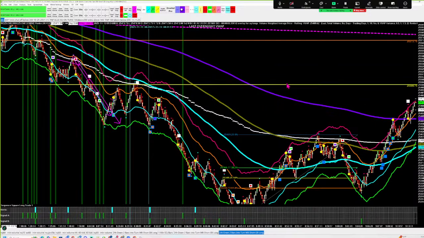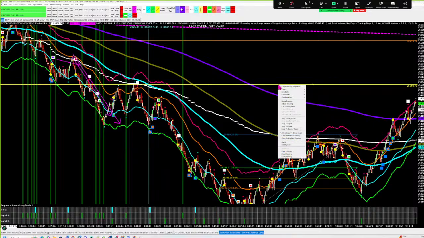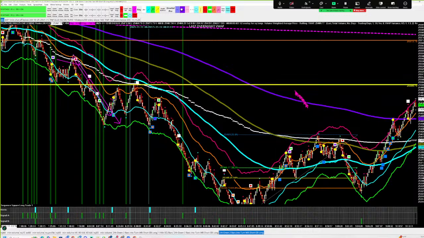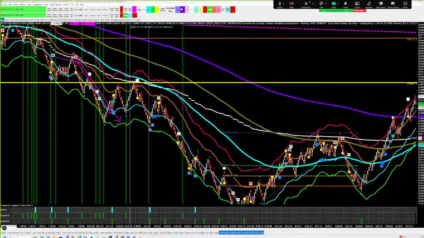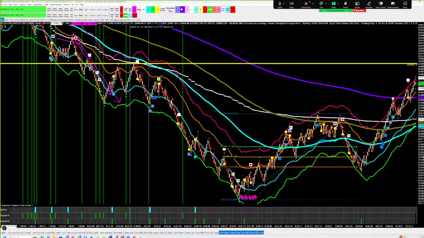Yeah, I'm totally disappointed. I wanted a two-sided market, and instead we're getting V-shaped markets. So now we went from 500 to 300, almost back to 500 now.